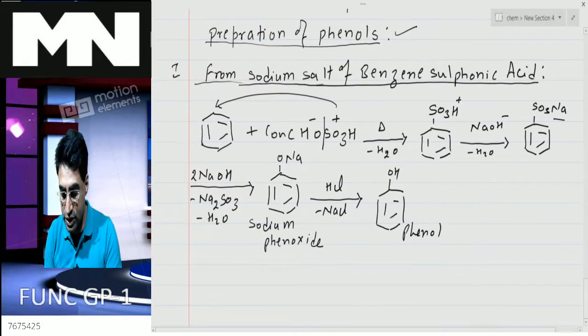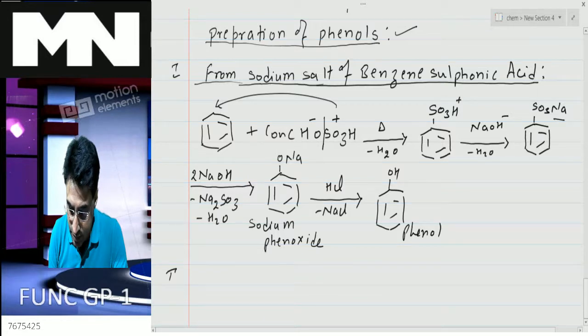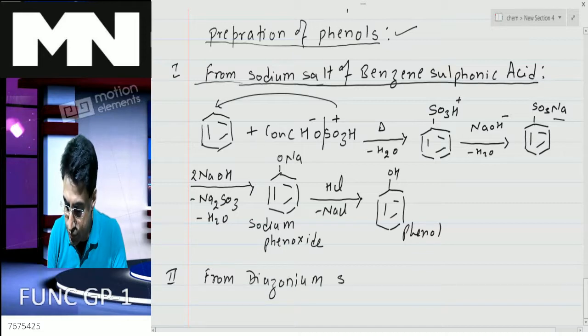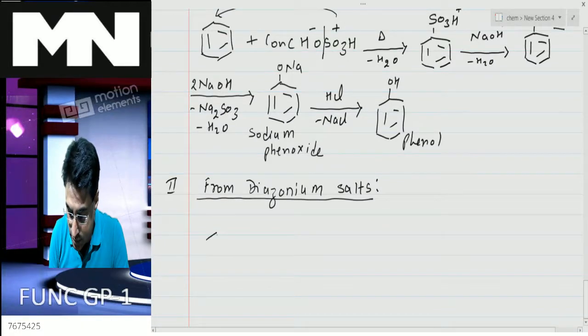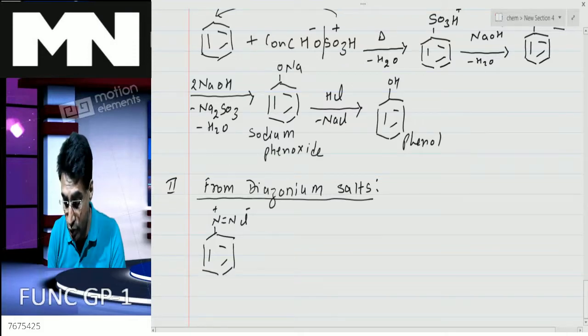Next preparation we'll see. Second is from diazonium salts. So how to prepare phenol from diazonium salt? We'll see that. I'm taking benzene diazonium chloride in this case. So the compound I have got is N double bond N, Cl negative and positive, benzene diazonium chloride.